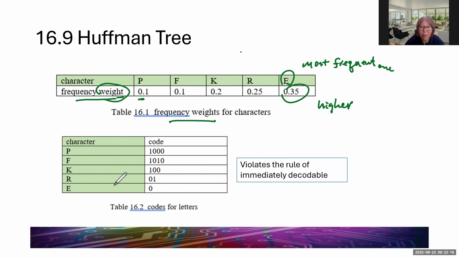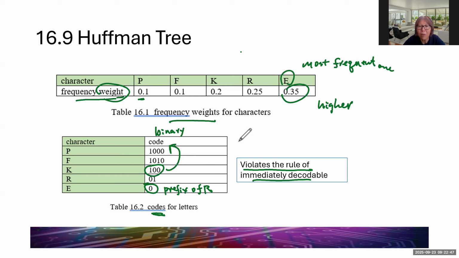And here it gave us some binary codes. But if you take a close look, you will find 0 for E is the prefix of R. So this violates the rule of immediately decodable. And also 100 is the prefix of P. So it violates the rule.